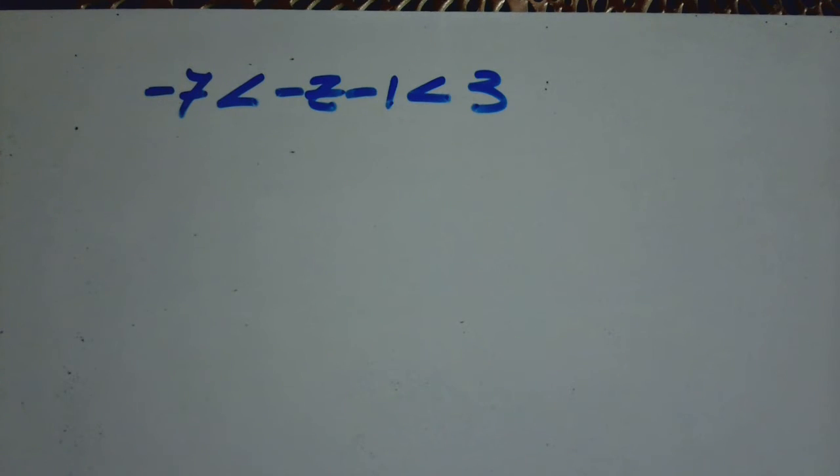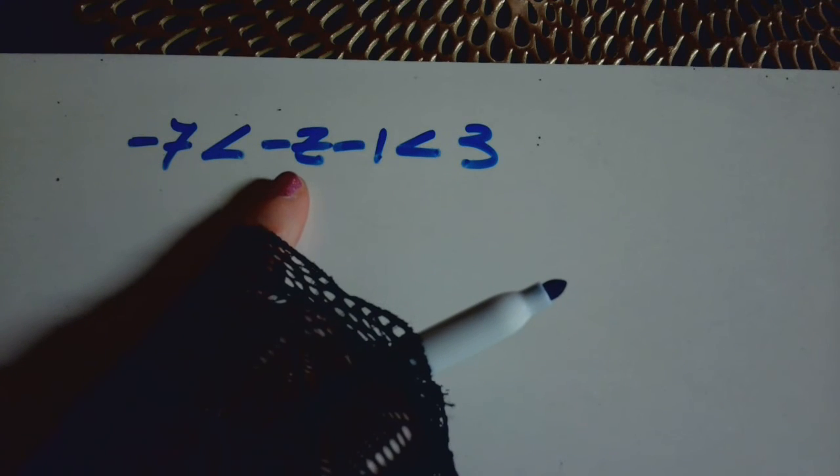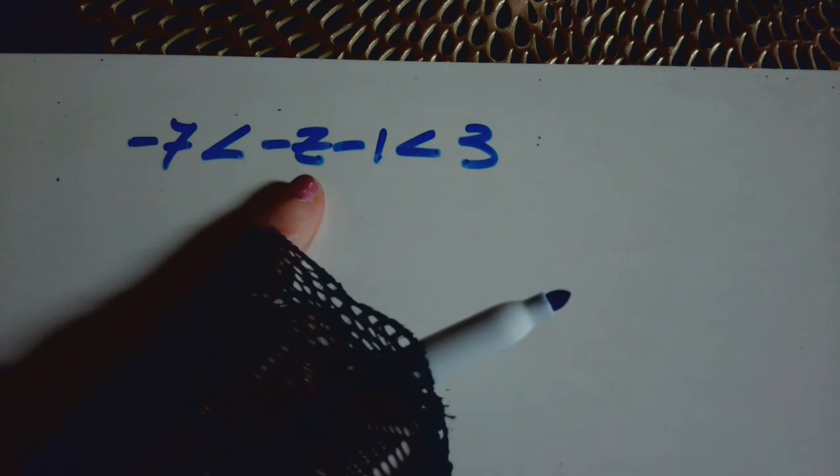I'm going to do one with a bunch of negatives. Okay, so -7 is greater than -z minus 1 is less than 3. So here we go. So we've got the z that we want to end up with a positive z at the end.